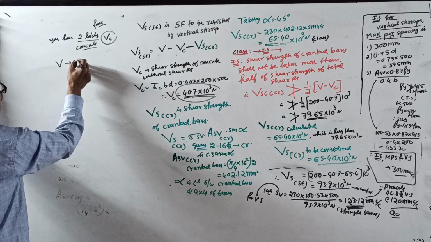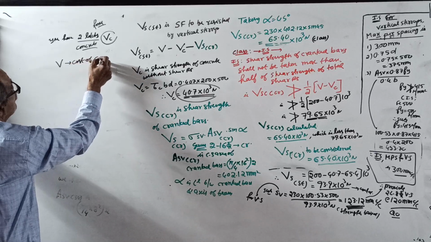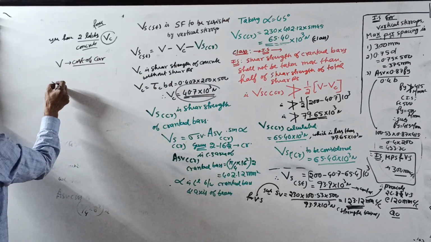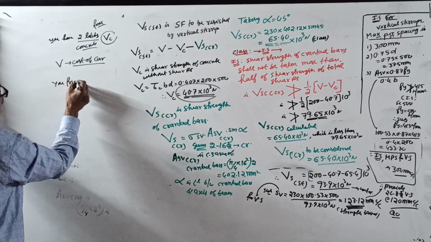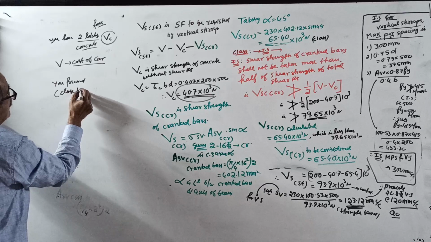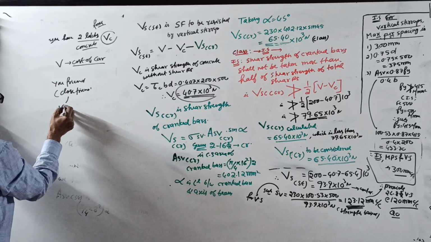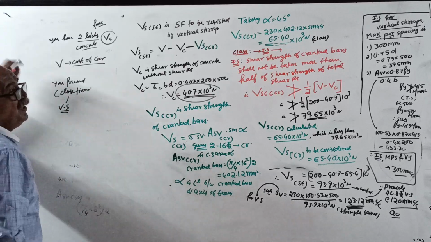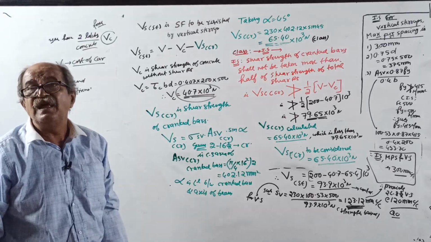V is the cost of the car. And your friend, which friend? Your close friend. Here it is the vertical stirrup, because vertical stirrup is always there.